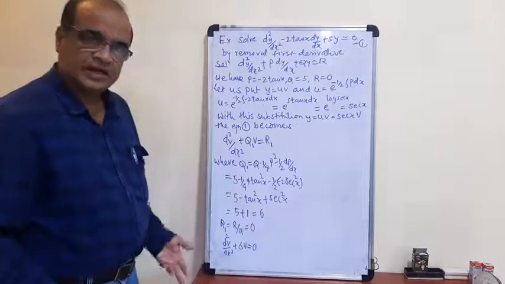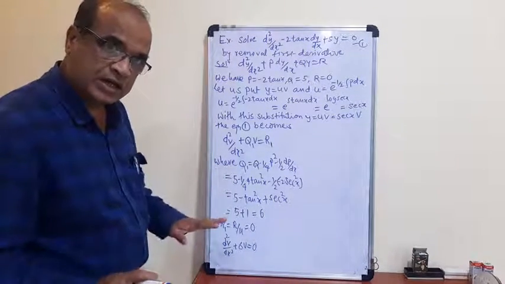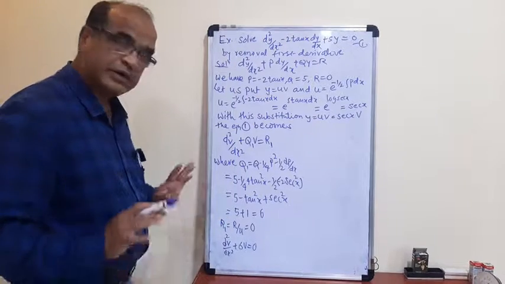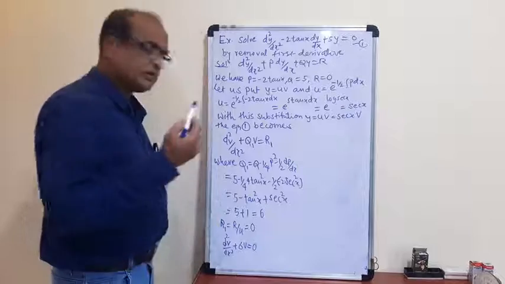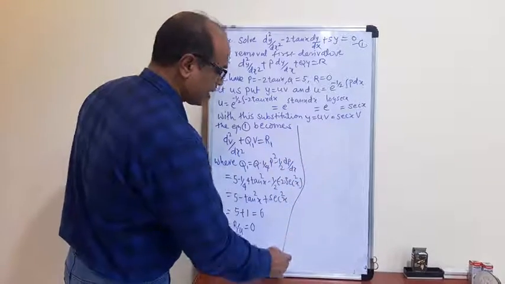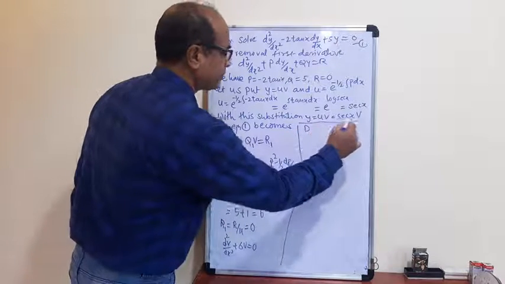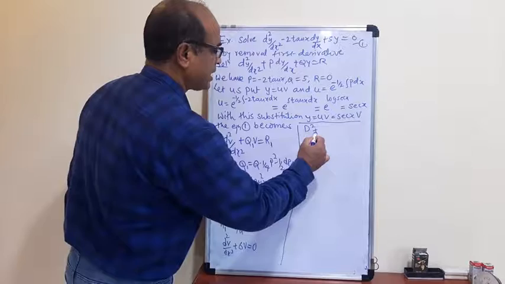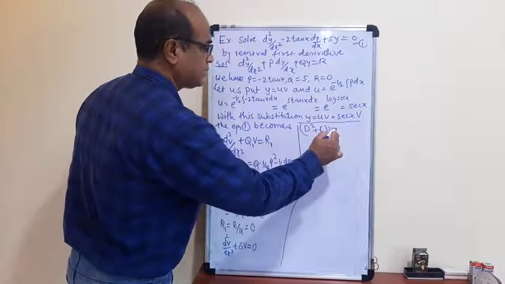So this is the second order linear differential equation with constant coefficients. So this equation can be written by using the operator: D square plus 6 into v is equal to 0.